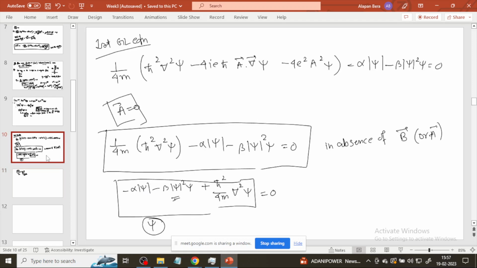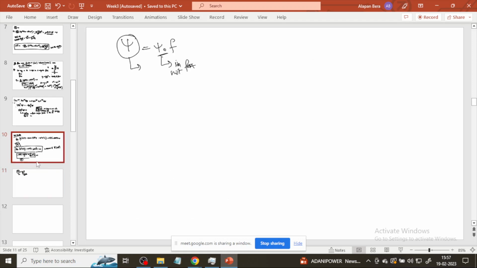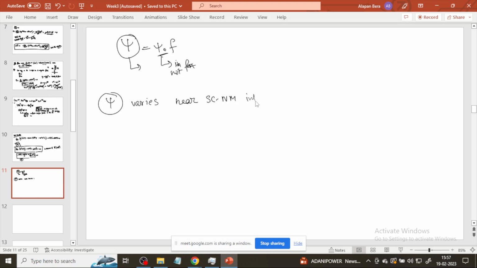Because we have to show how this psi varies near the superconductor normal metal interface, we must consider psi that is a function of x or some position.